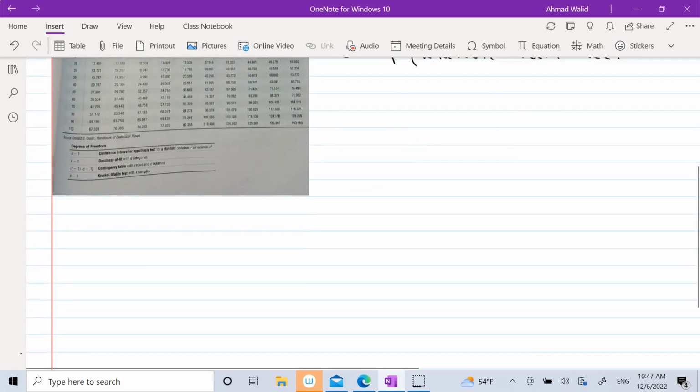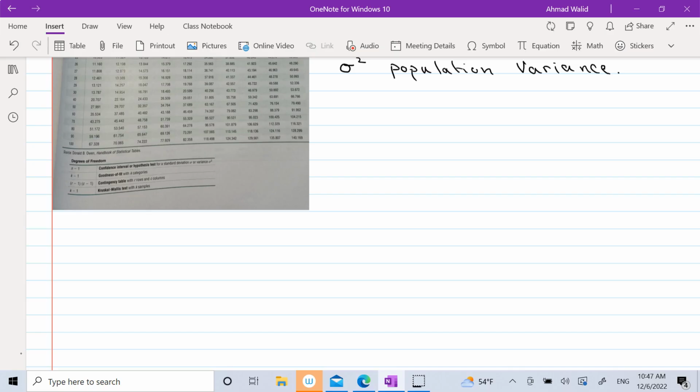Correct? The graph of the chi-square distribution is like this. This point is 0. It starts from 0, goes up, and it's skewed to the right. Correct? This will be your chi-square distribution.